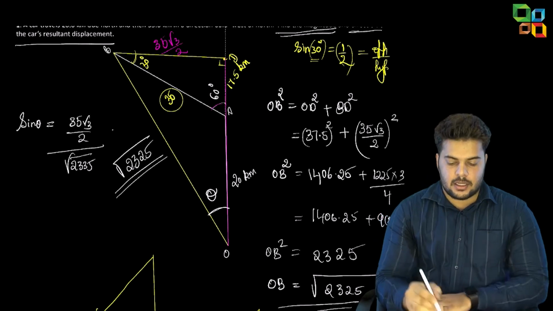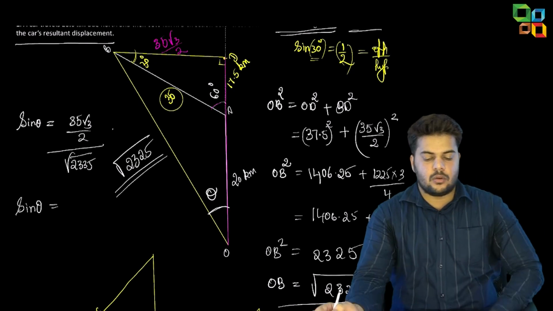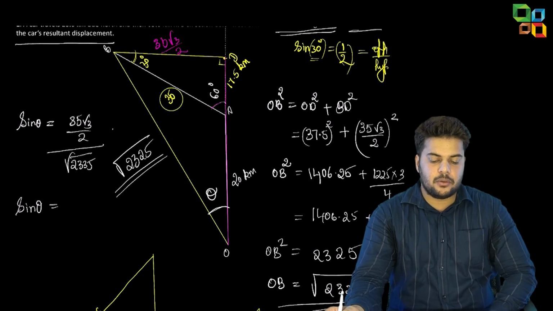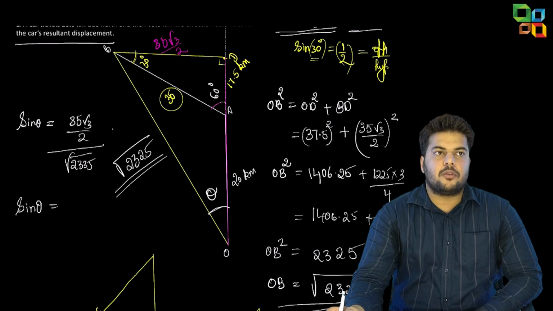Can you tell me this in the decimal form? What does this number come out to be? Sine, 35 root 3 by 2 divided by square root of 2335.